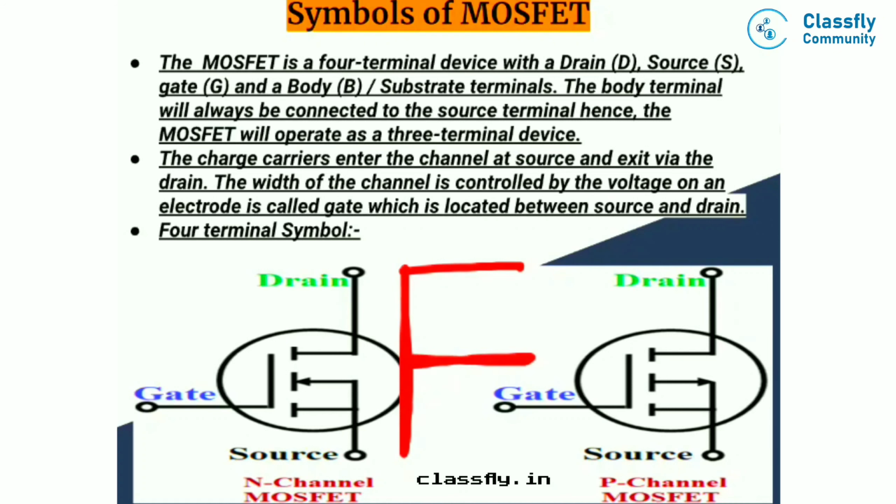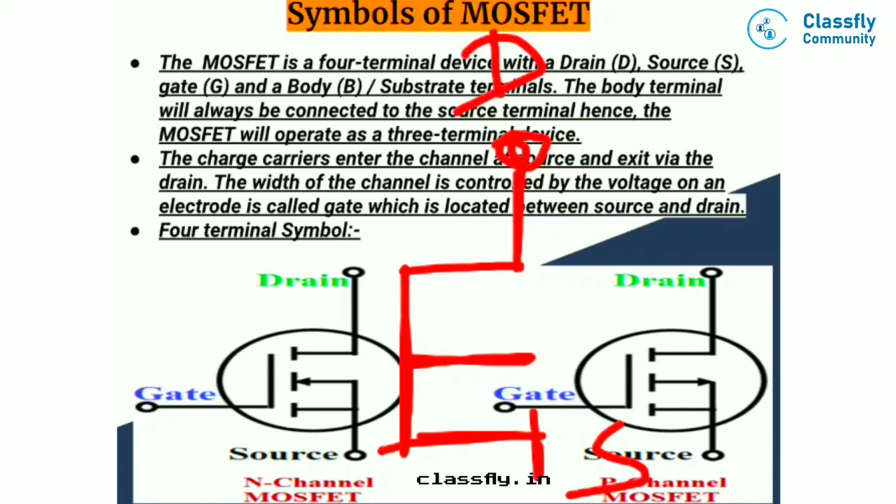Then this one will be connected and this will be your drain, and this part will be your source. For a 4 terminal device, this was a substrate, right? This will be connected to the source, and there will be another line like this. This will be a gate.